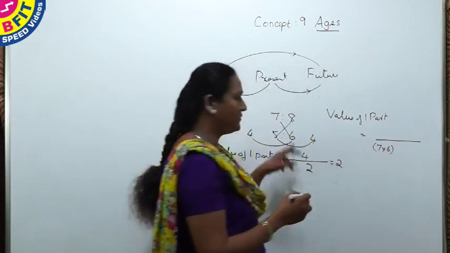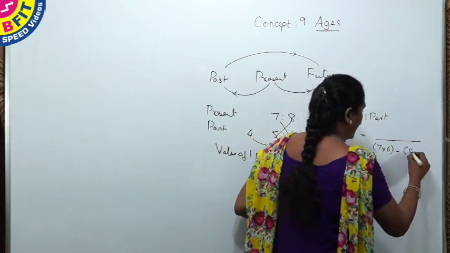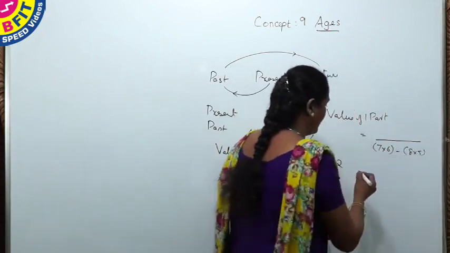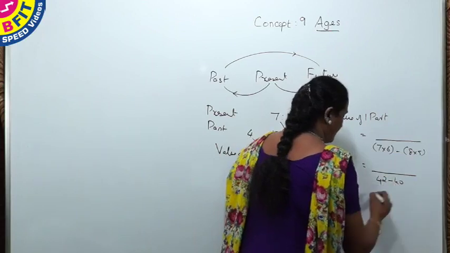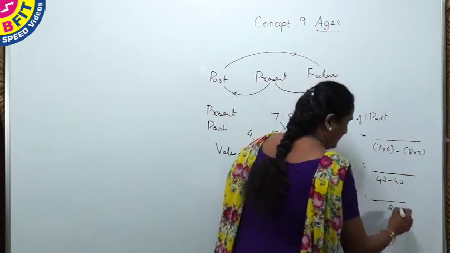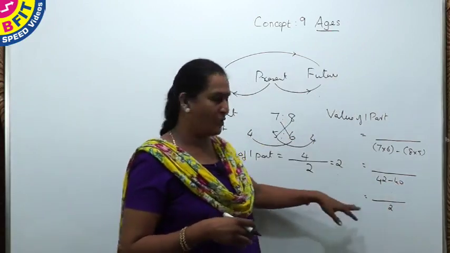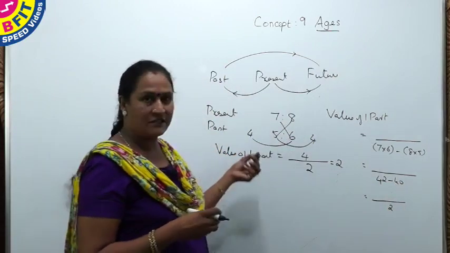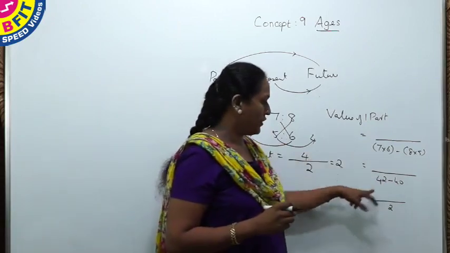Here 7 into 6, 42, is higher, so from that you subtract the product of 8 and 5. For you to understand, I am writing this elaborately. Seeing the ratios itself, you can get the denominator in seconds. So 42 minus 40 is 2.